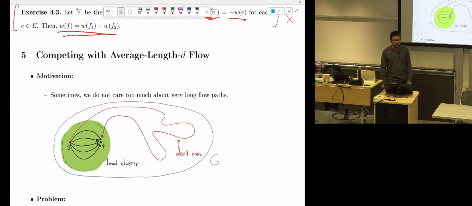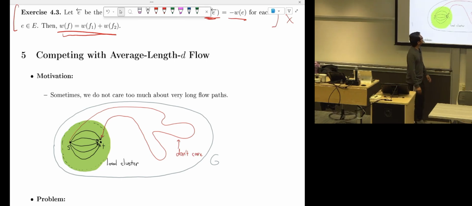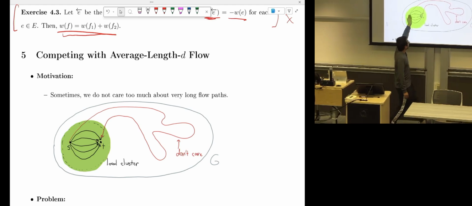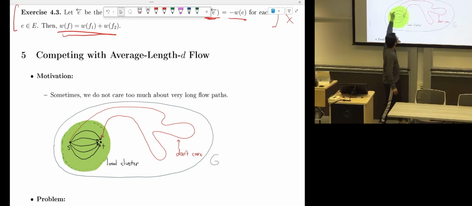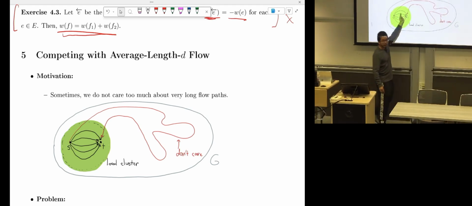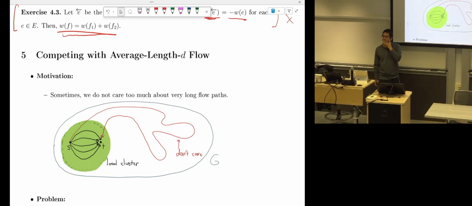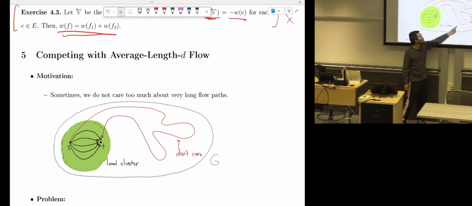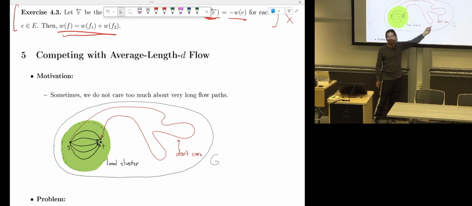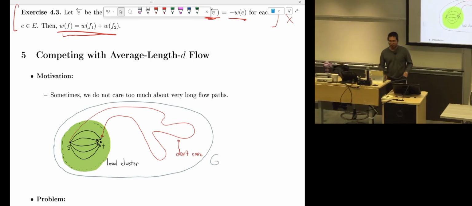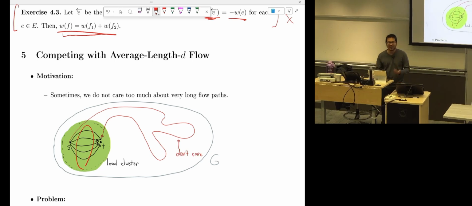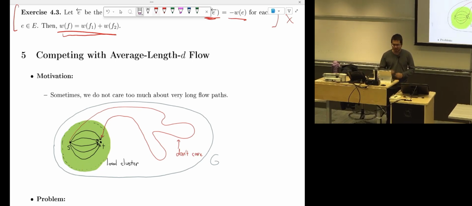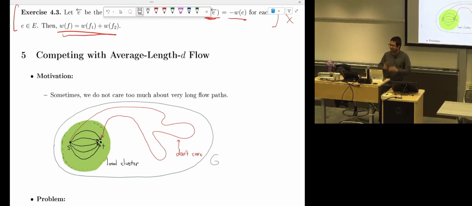And so maybe this is the max flow, and this long path might be a max flow. But maybe I don't even want to find this one because it's kind of long. All I want is to find some flow that is maybe as good as the black one. Okay, so that's the motivation.